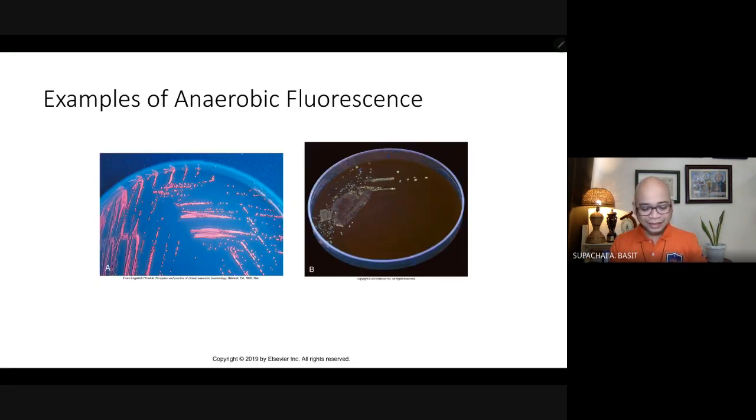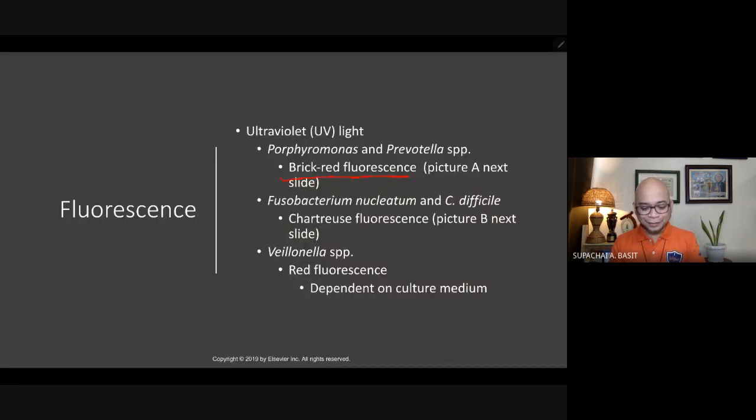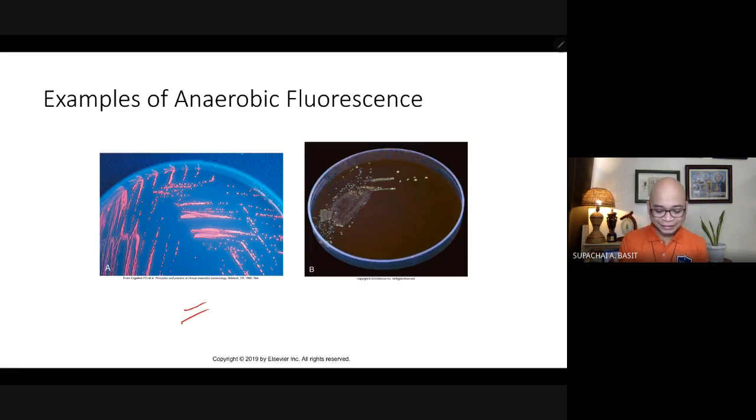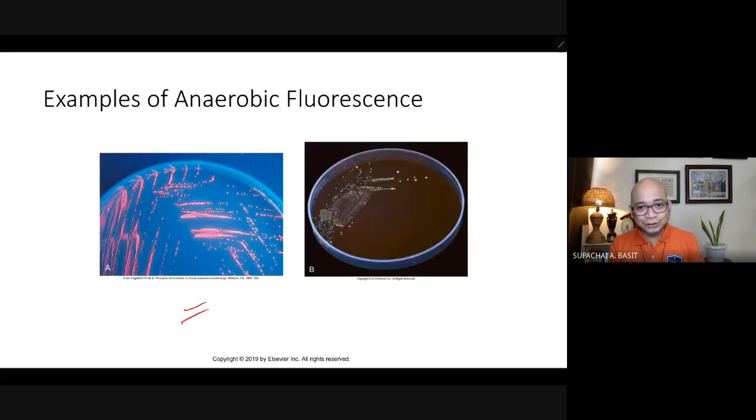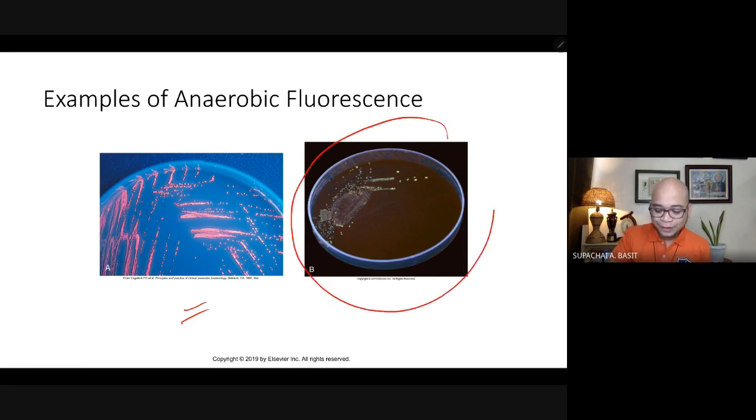Here is an example of brick red fluorescence. That is for Porphyromonas and Prevotella. And Fusobacterium nucleatum and Clostridium difficile will have the chartreuse fluorescence. So this is the chartreuse fluorescence for that particular bacteria.